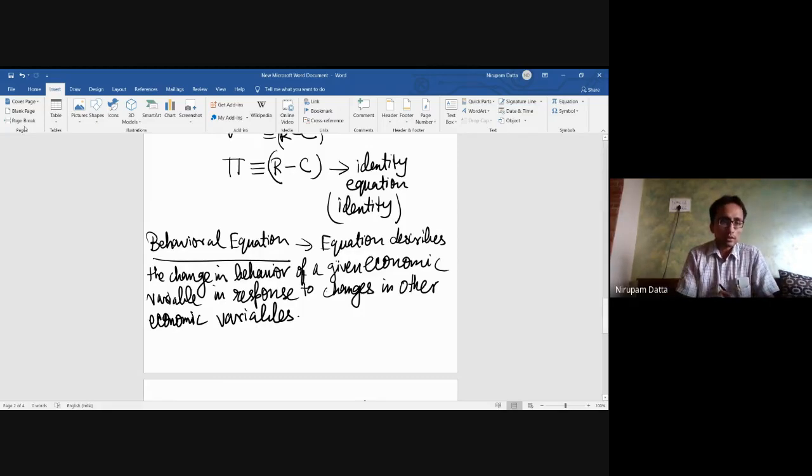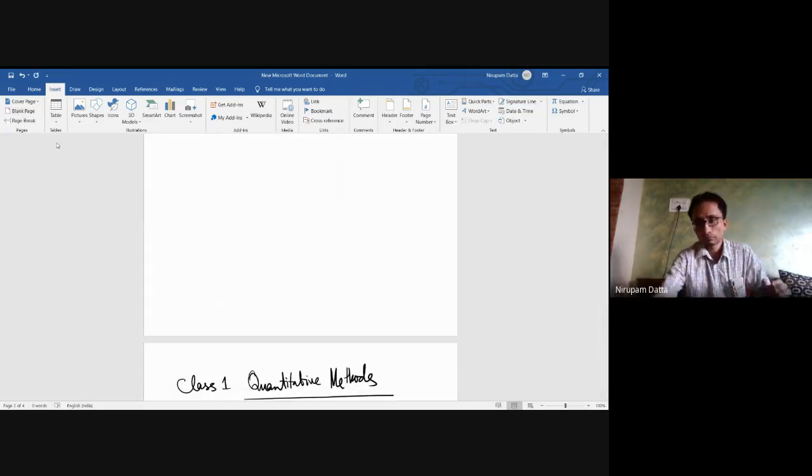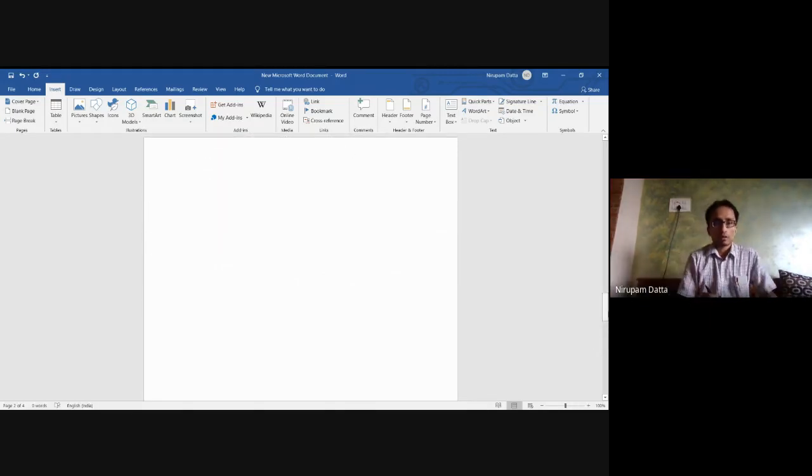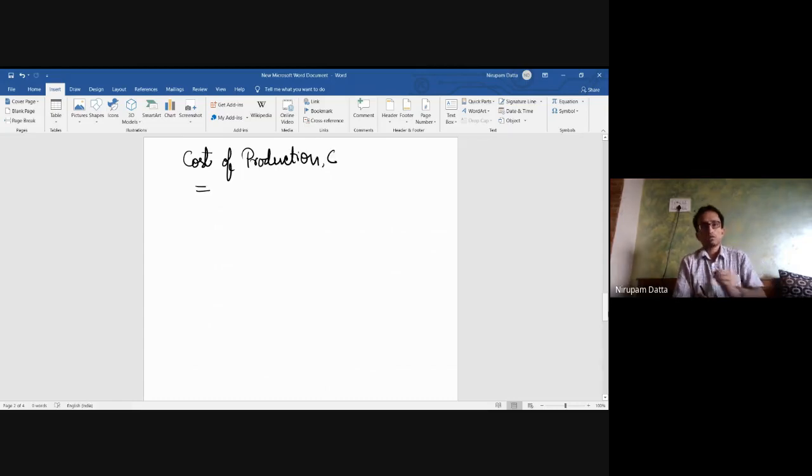So let us take an example: cost of production C. How will the behavior of this cost of production variable C change? It will change in response to the change in the output level.